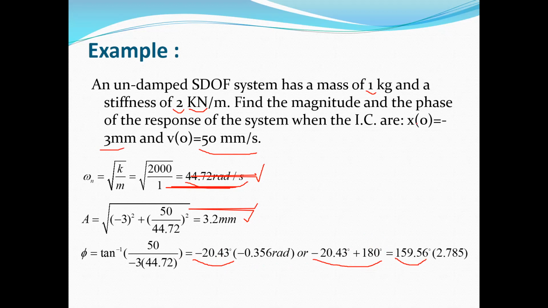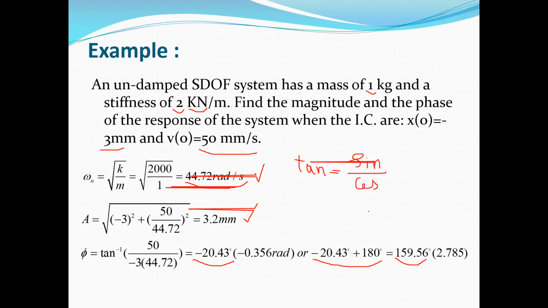But according to this term, the tangent inverse of this term is equal to 50 divided by a negative value, so in the denominator of the tangent inverse we will have a negative sign. You know that tangent, of course, this is only a trick that you can use, tangent is equal to sine divided by cosine.